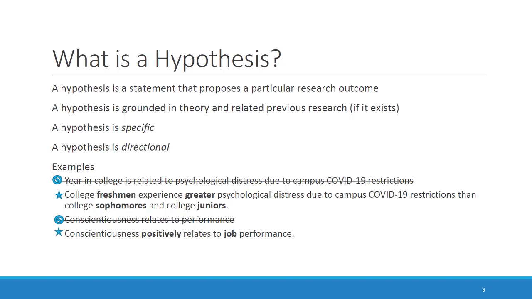If we just say performance, it could be sports performance, it could be dance performance, but we want to make sure that we're talking about job performance. And we need the word positively in there to state the direction of the relationship. Because we wouldn't necessarily say that conscientiousness would negatively relate to job performance. We know that the research and the theory that's out there specifically says that it would be positively related to job performance. In other words, higher levels of conscientiousness relate to higher levels of job performance.